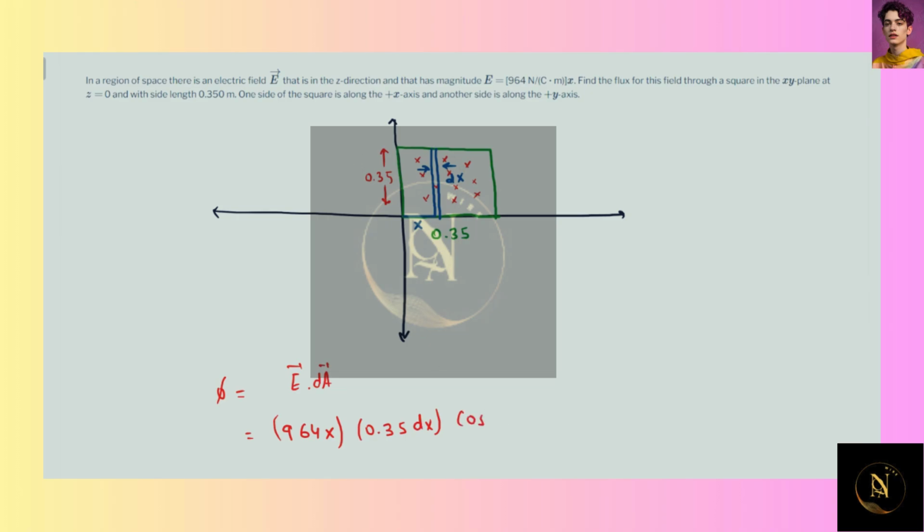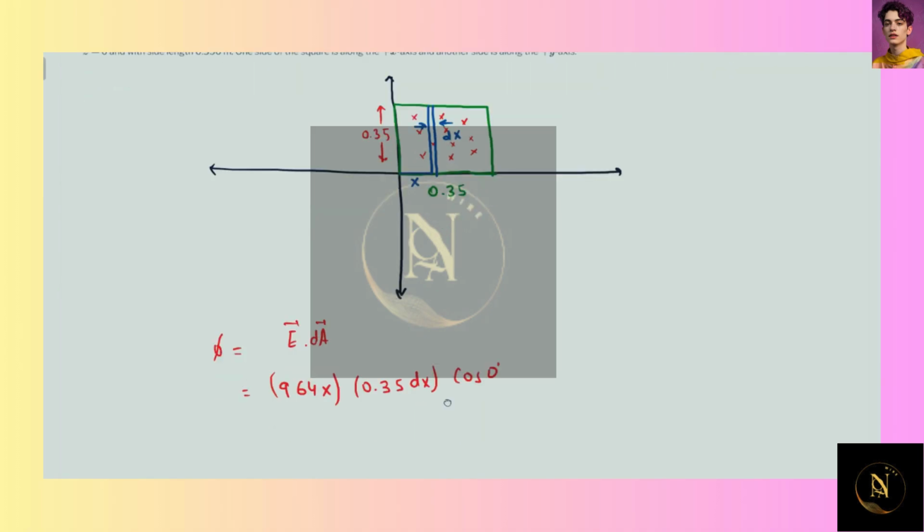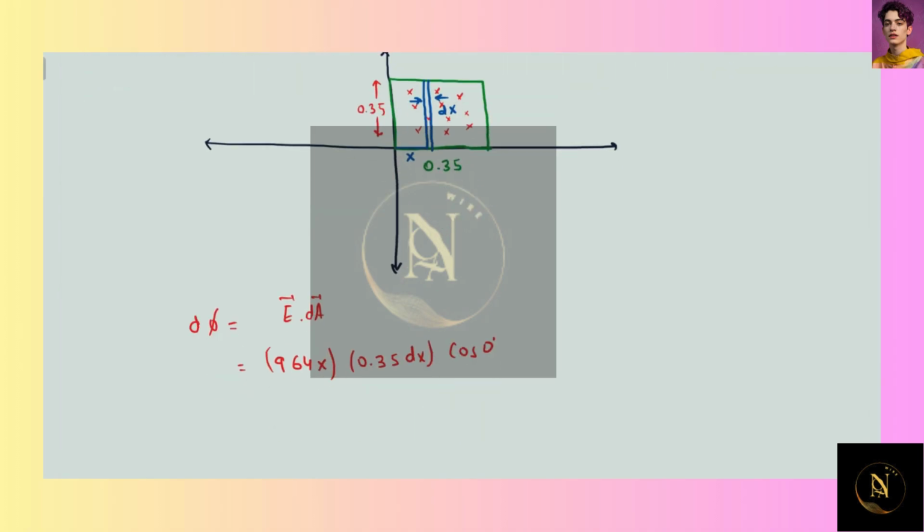The electric field is pointing inward, and the area vector is also pointing inward or outward. So the angle can either be 0 or 180, but it doesn't really matter because cos 0 is 1 and cos 180 is minus 1, and we are more interested in the magnitude. So we are going to place it as cos 0. This is the elemental flux.